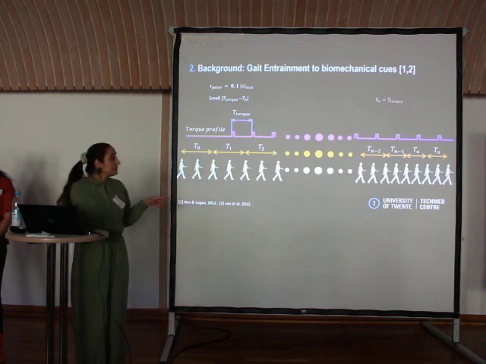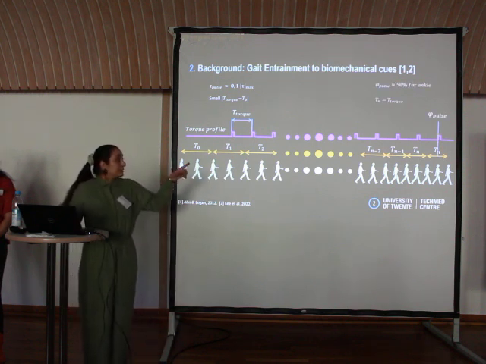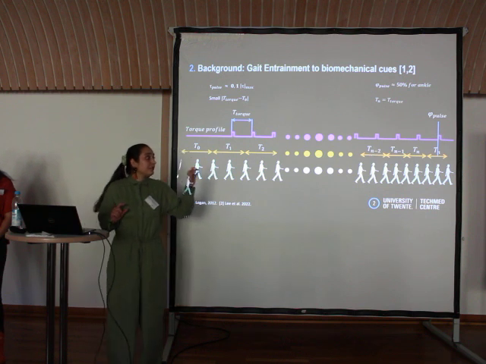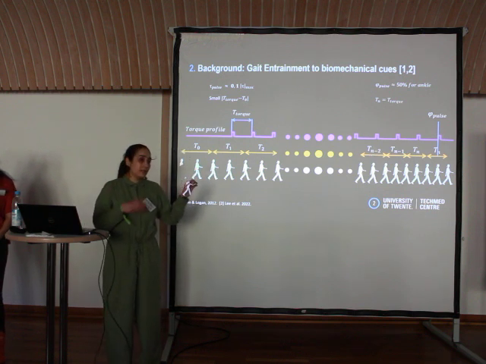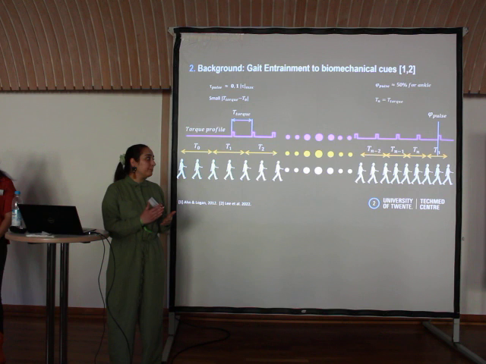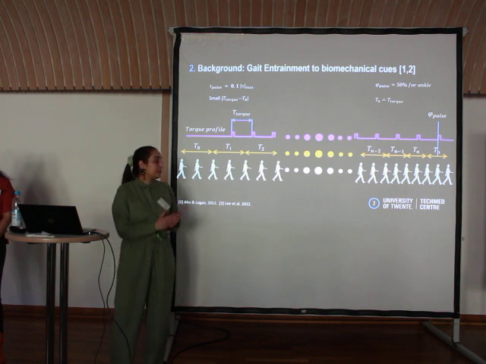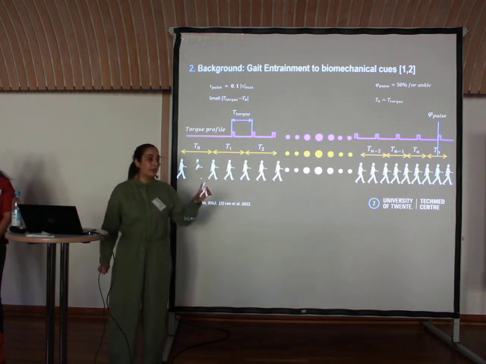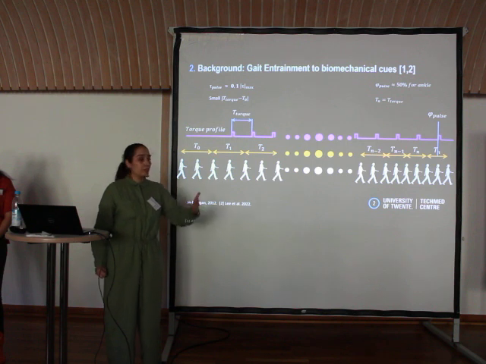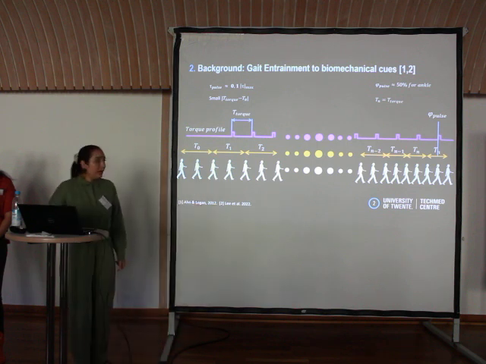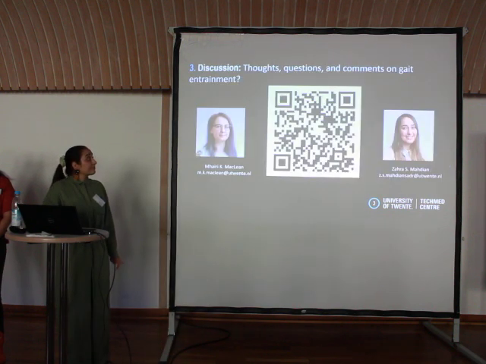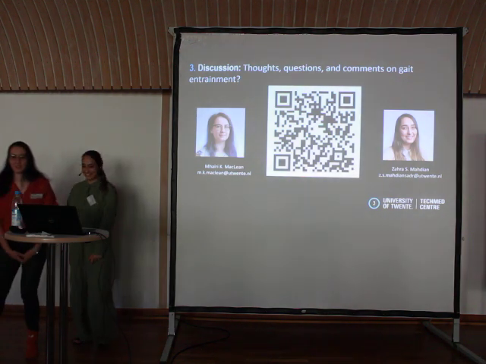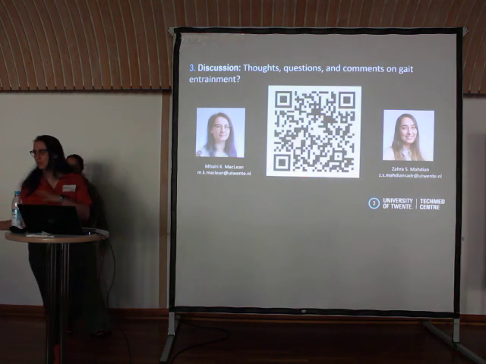And more interestingly, the gait phase where the pulses are applied will be matched with the gait phase where the pulses can assist propulsion. So that was an overview of what gait entrainment is.